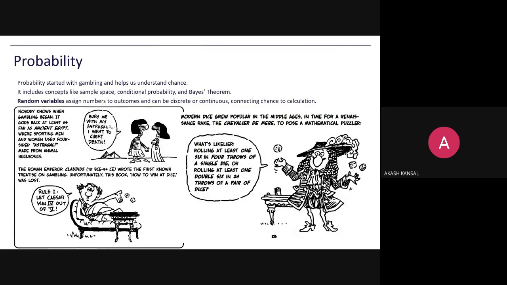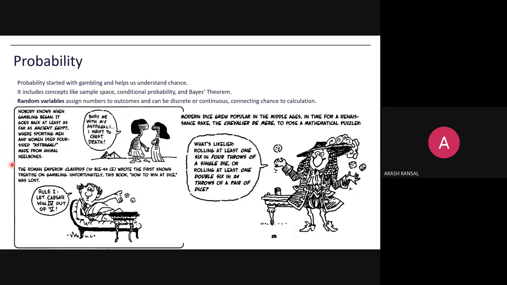How did probability start? Way back, it started when Caesar was the head of the Roman civilization, I guess, or the Greek civilization, I think. They used to bury an astragali, and they wanted to cheat death. Actually, nobody knows when gambling began, but this is where people can get its traces to, right?